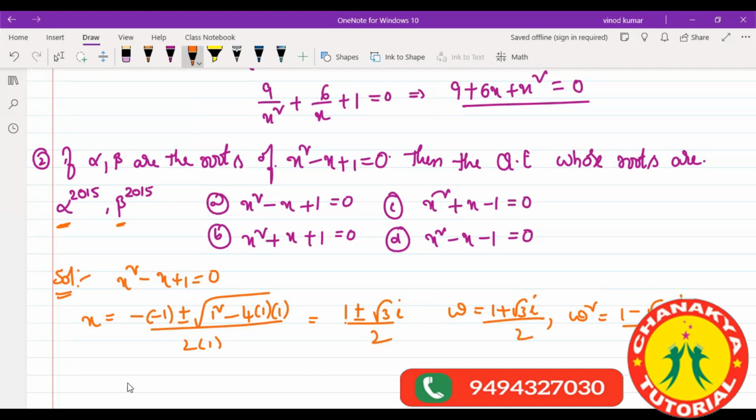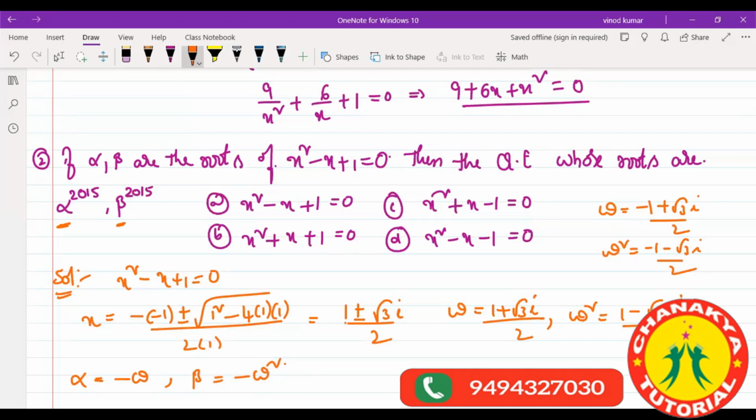So alpha equals minus omega. The actual omega value is minus 1 plus root 3i by 2, and omega square is minus 1 minus root 3i by 2. So alpha value is minus omega, beta value is minus omega square.